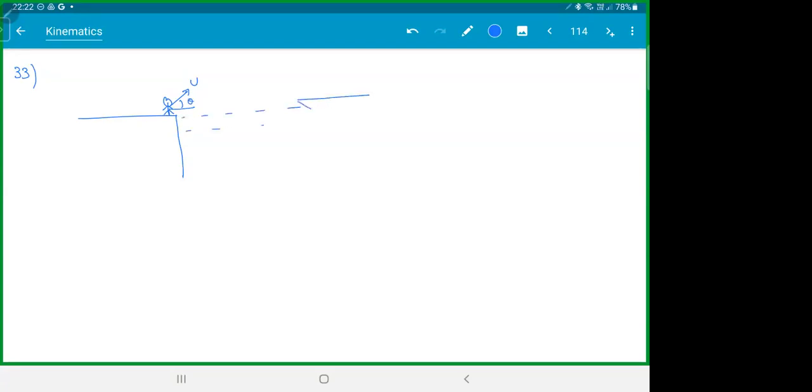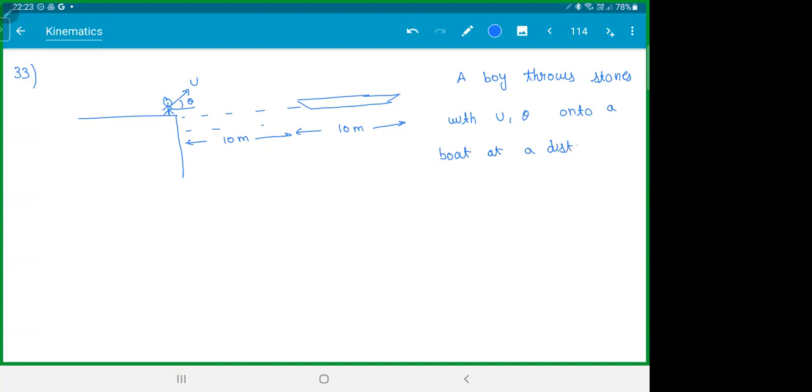And there's a boat here, a boat of width 10 meters at a distance of 10 meters from the lake. So here a boy throws stones with speed u and angle theta onto a boat at a distance of 10 meters and width 10 meters.